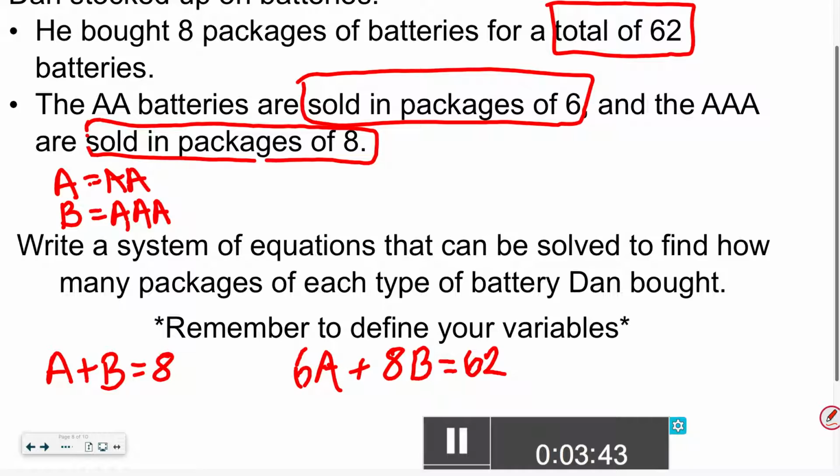So this is substitution. This is elimination. It's a really good review of the first unit.